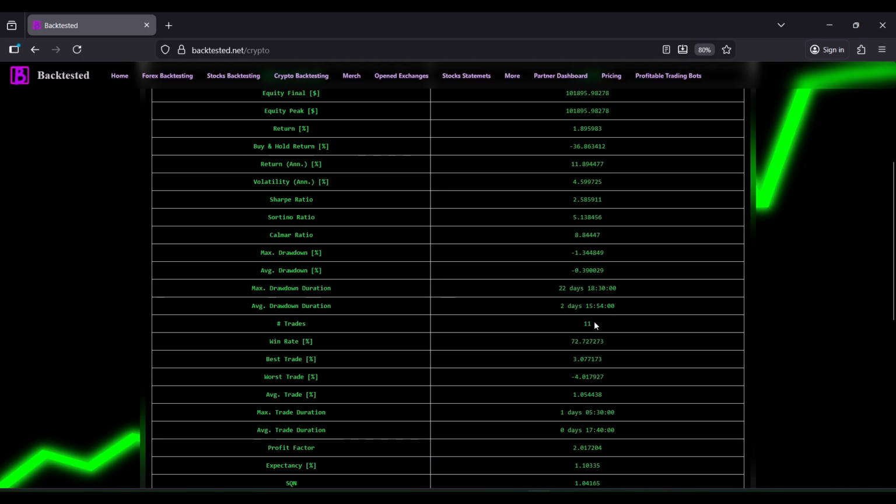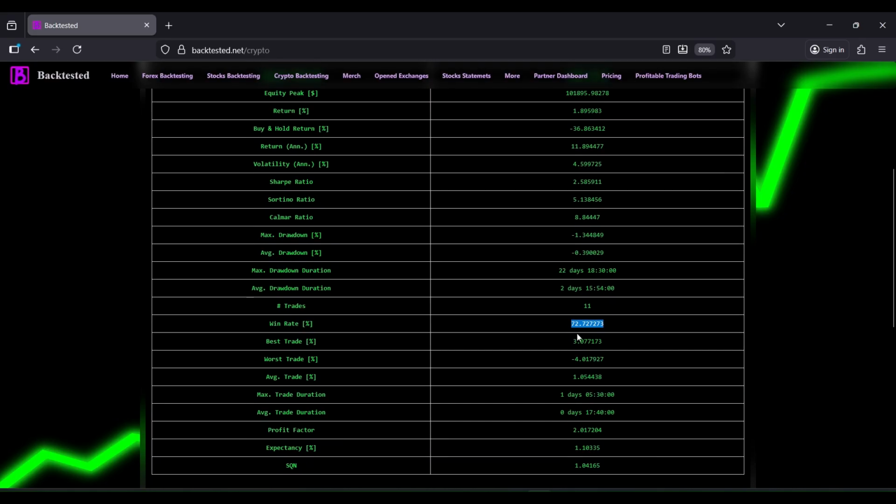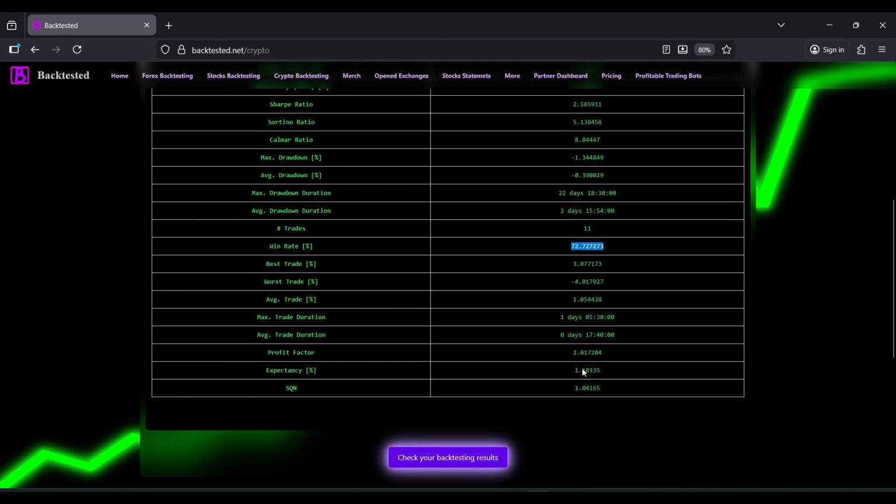We got 11 trades. They are the same, but most of them became winners. As you can see, the previous win rate was 45%. Now we have a 72% win rate. It's good, and the profit factor now is 2.01. In the previous backtest it was 0.84, I guess.